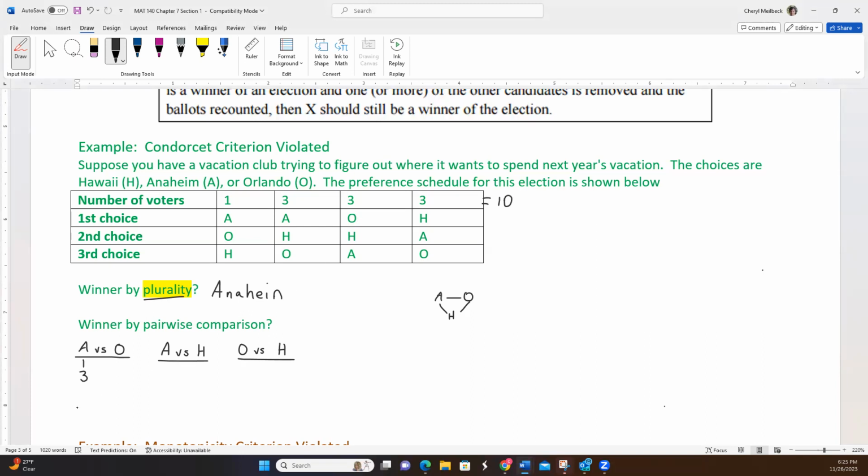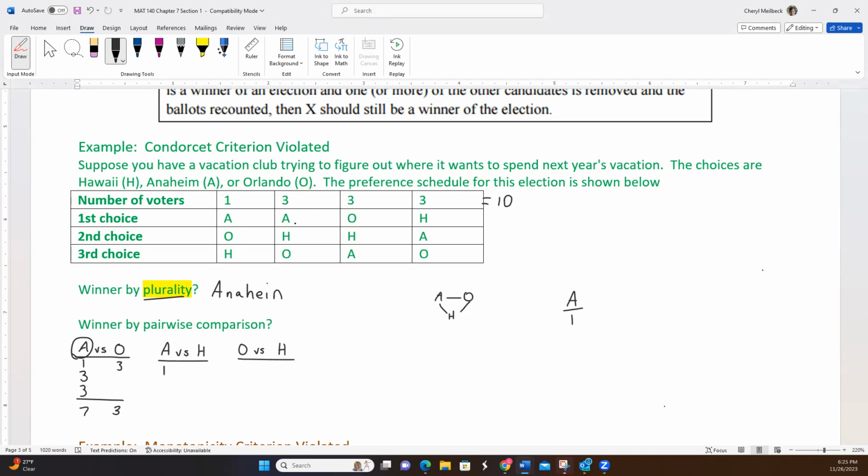In my third column, O is in first place and gets those 3 points. And in my fourth column, A is ahead of O, so A gets those points. So it looks like here A has 7 and O has 3. In my point tally, A will get that point because they won that election. Now we look at A versus H. A versus H, A will get the 1 point in column 1.